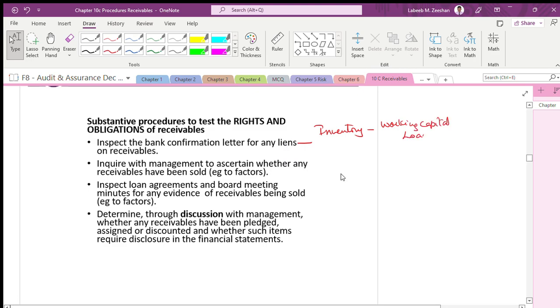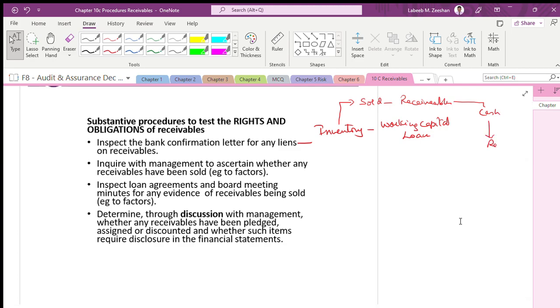This inventory will be sold, and it becomes receivables. From these receivables you will get cash. A part of the cash you will retain, and a part of the cash you will repay.